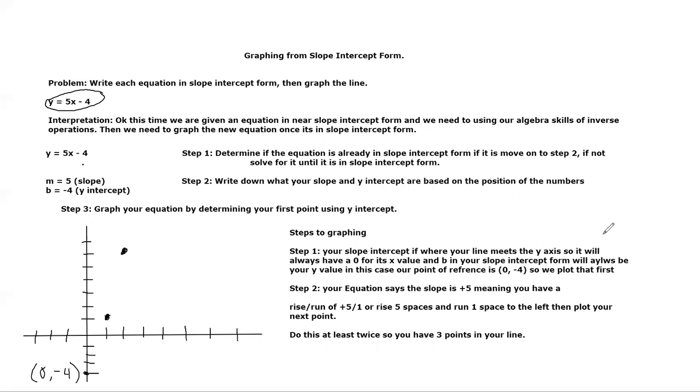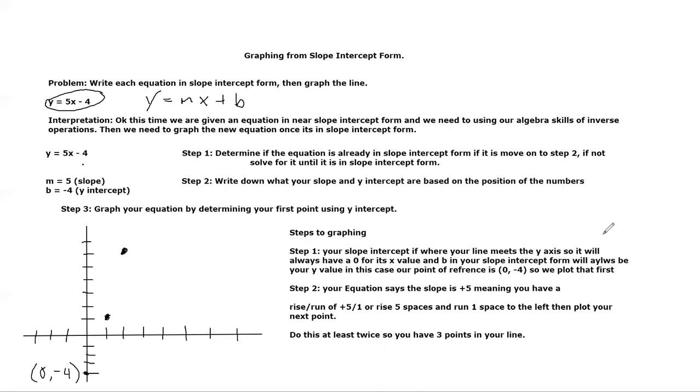Okay, so we're given an equation, and it happens to be in slope-intercept form, because if you're wondering how you determine if an equation is in slope-intercept form, it has to look like this, right? So does that original equation look like slope-intercept form? Well, we have a y, and the y is on the left side, and it equals an mx.